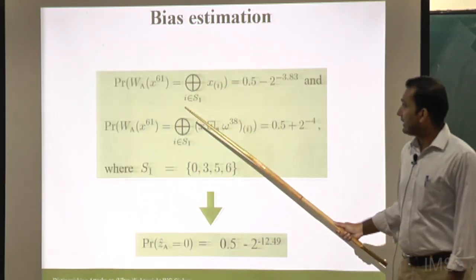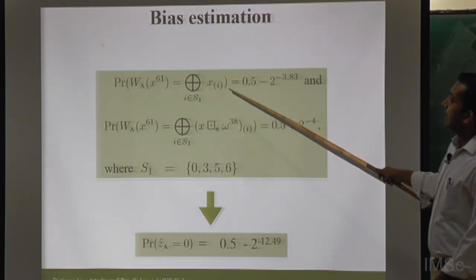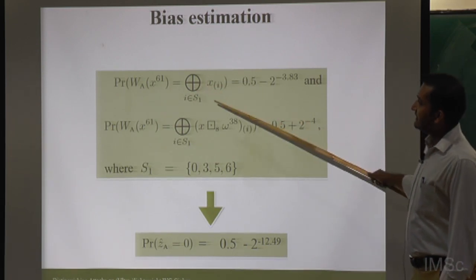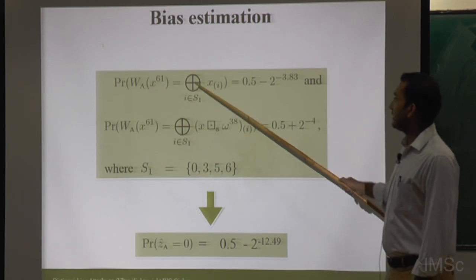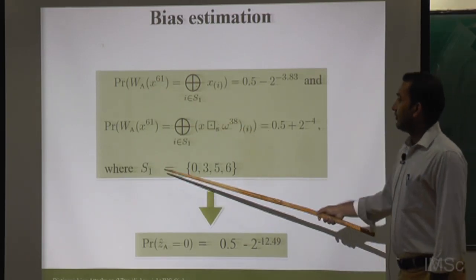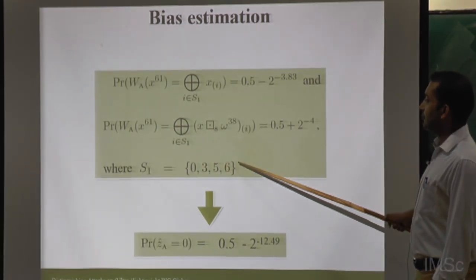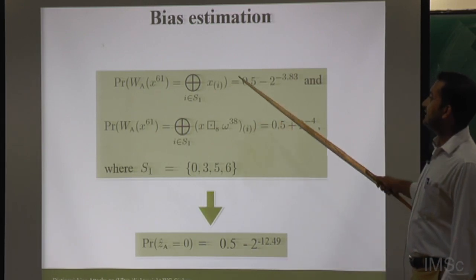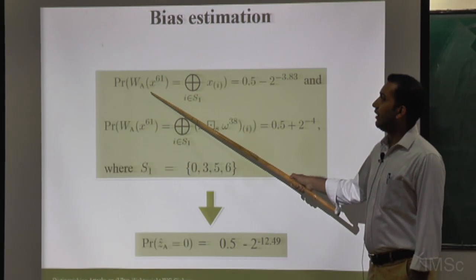So what we have done is, we have chosen a set of input bits, and computed the probability that the linear sum of those input bits equals the output of transformation. For S1 equal to 0, 3, 5, 6, this is the set of input bits. So when the 0th, 3rd, 5th and 6th input bits are XORed, we have computed the probability that it is equal to the output of transformation.